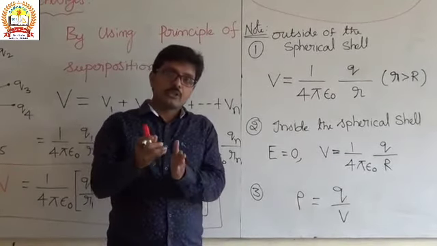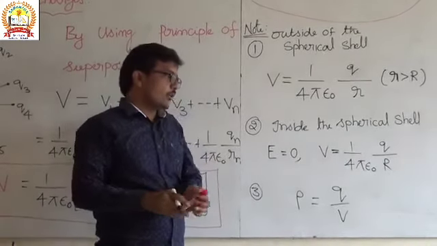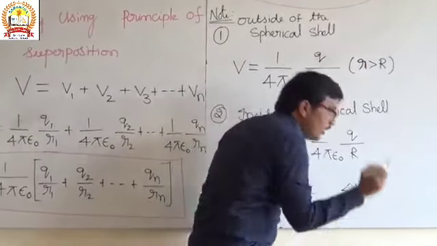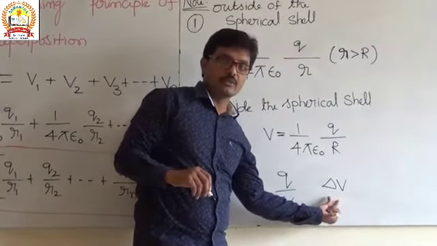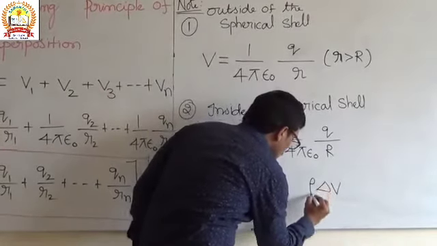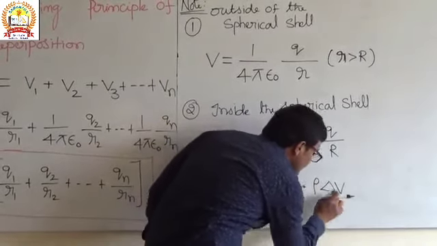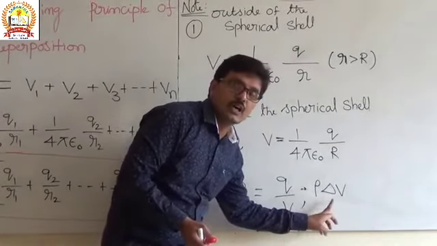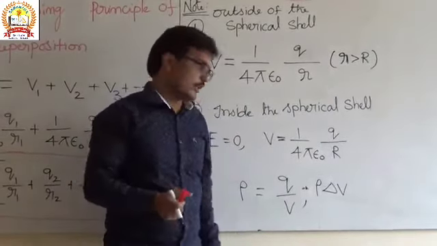So to calculate the potential for the continuous charge distribution of volume density, we divide it into a large number of small volume elements. Each small volume is delta V, and we write the charge as rho into delta V. This rho into delta V represents the charge of each volume element, and to get the total we will do the integration.